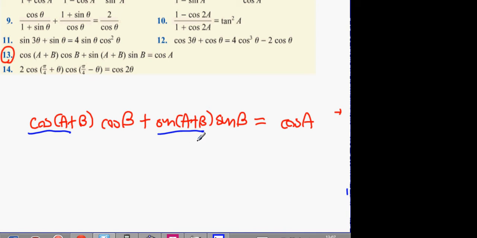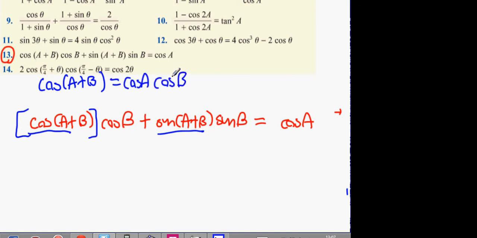Because if you look at page 14, cos A plus B in itself, if I substitute only this part here, I'm going to end up with this. Cos A, cos B, minus sine A, sine B. And I didn't technically make a mistake, but look at how absolutely massive I'm making this equation. I can do it. It's going to take me a hell of a lot of time.